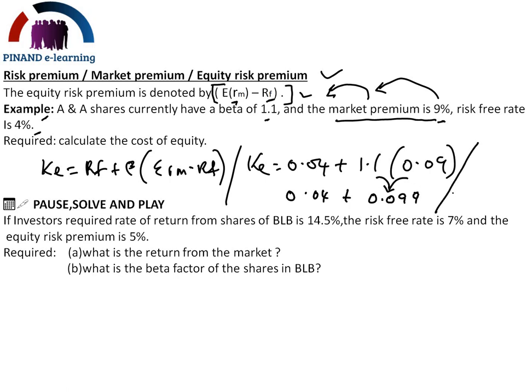Therefore your KE will be equal to, if you add them together, expressed in percentage, 13.9%. Very, very easy. Just apply them in the formula and you get your full marks.